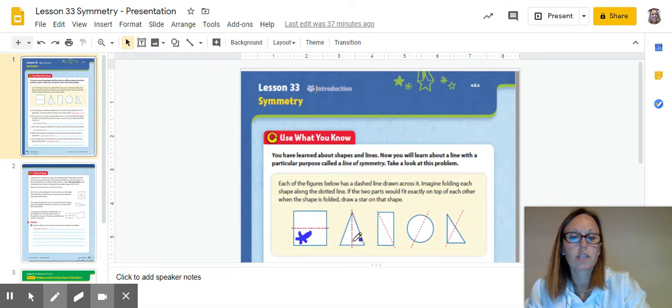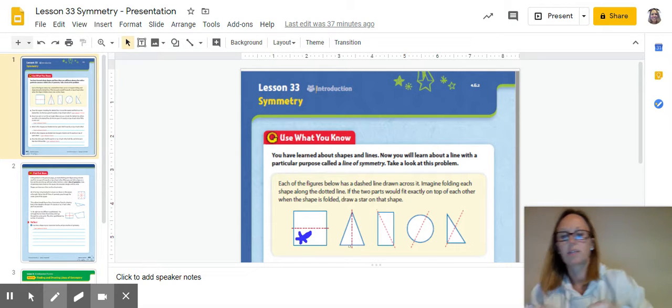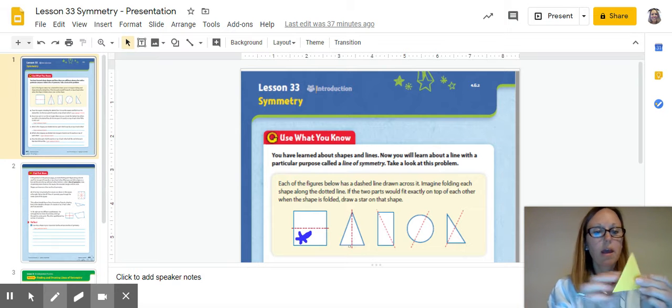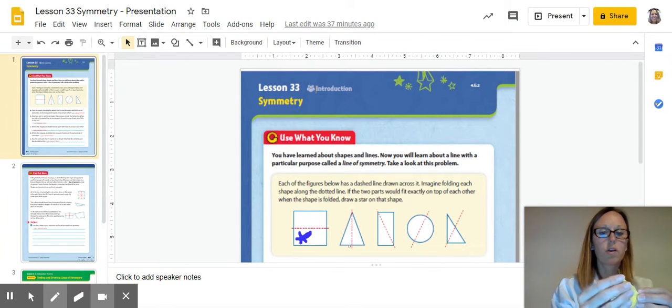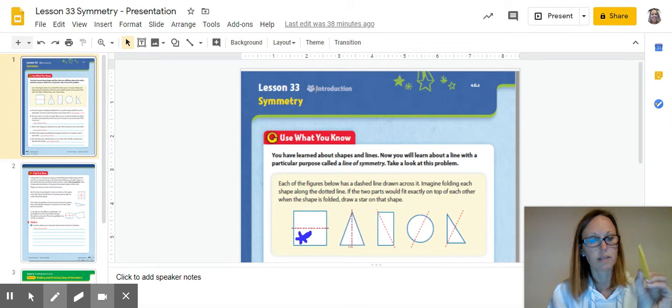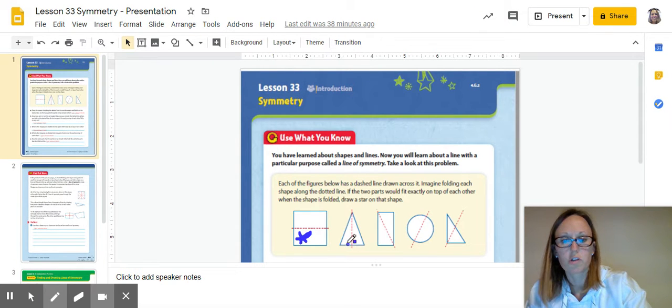If we draw this line right down here, and if we were to fold it over on that line, does it match up? And the answer is yes, it matches up. So we're going to draw a star on this one as well.